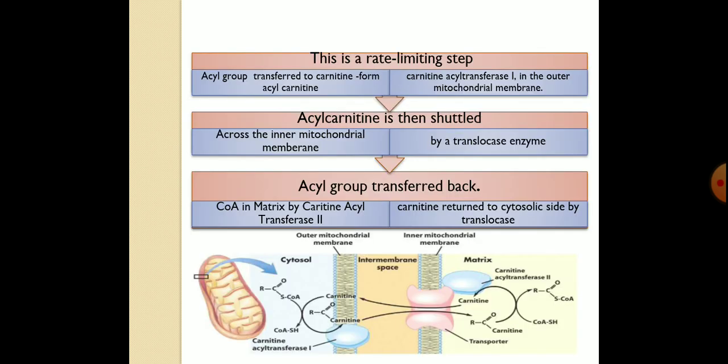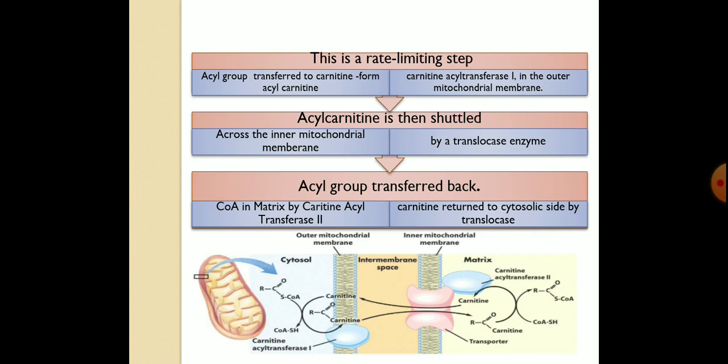This is the actual process of the carnitine shuttle. This is a rate limiting step where the acyl group is transferred to carnitine and there is formation of acyl carnitine.